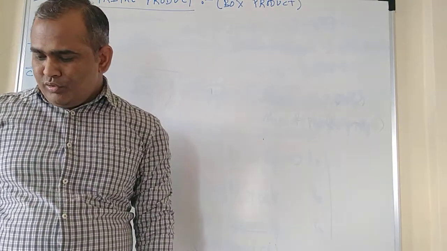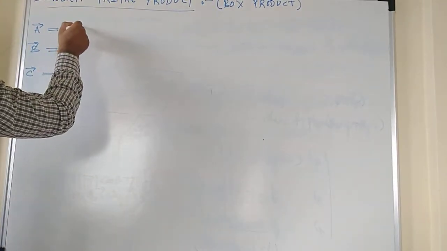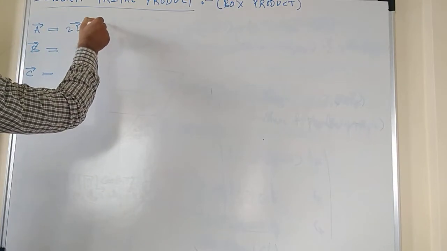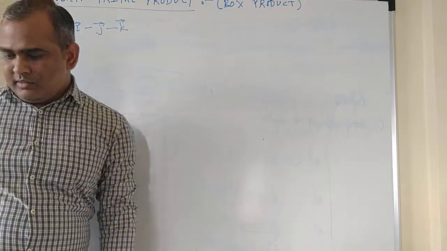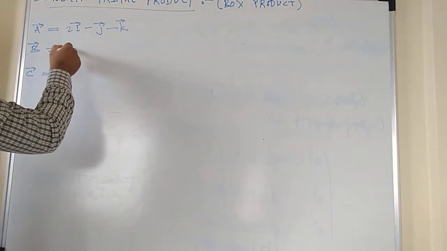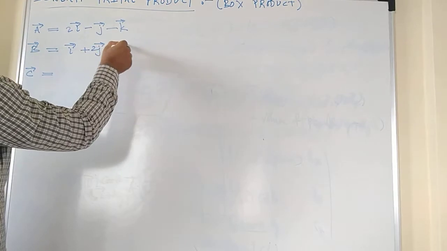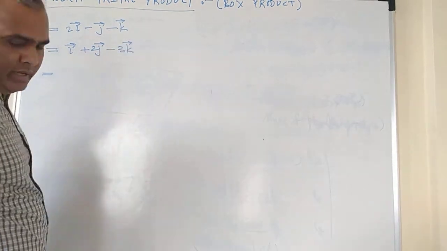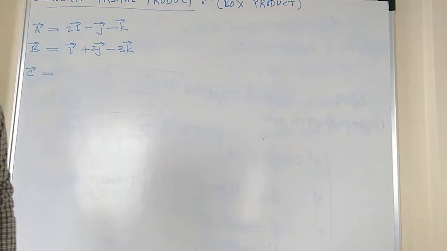Correct? So take the three vectors: 2i minus j minus k bar is the first vector. Second, i plus 2j minus 3k. Third is 3i plus 2j plus 5k.